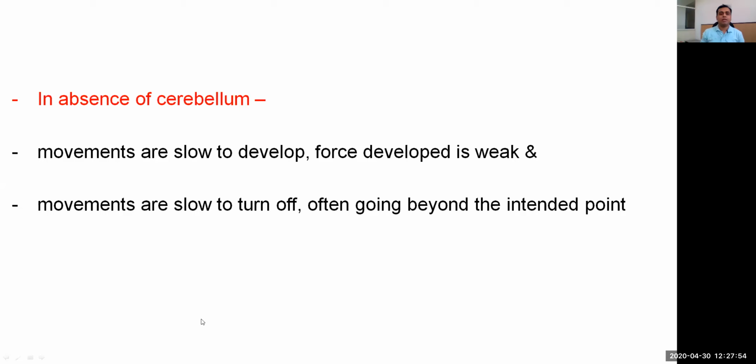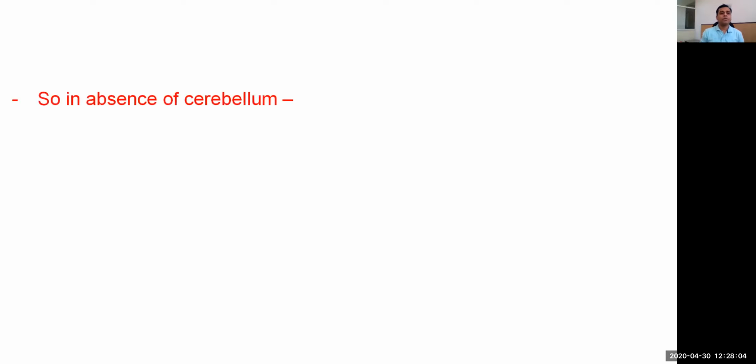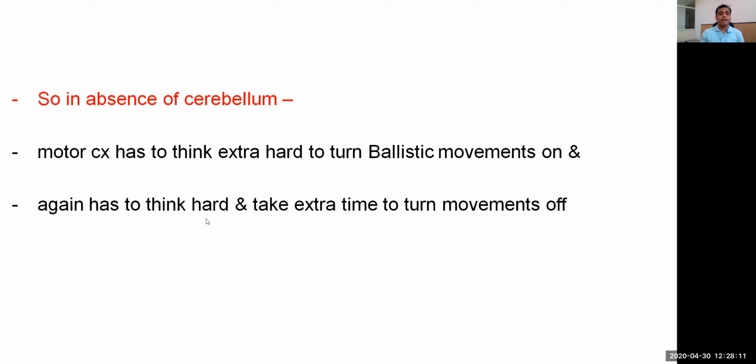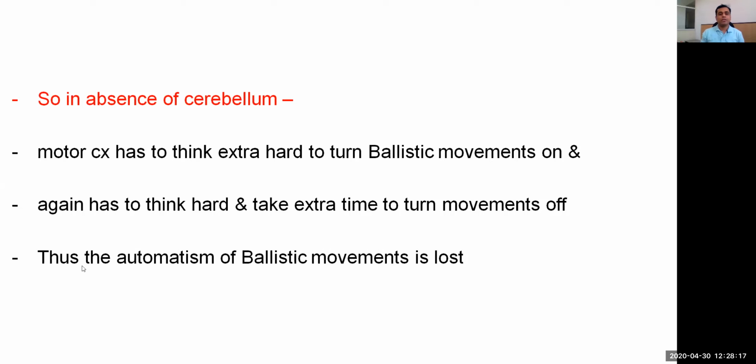In absence of the cerebellum, movements are slow to develop and force developed is weak, and movements are slow to turn off, often going beyond the intended. So, in absence of cerebellum, motor cortex has to think extra hard to turn the ballistic movement on, and again has to think hard and take extra time to turn these movements off. Thus, the automatism of ballistic movements is lost if the cerebellum is not playing its role.